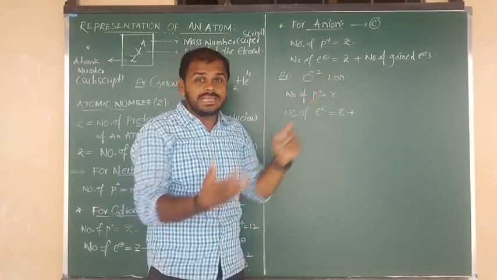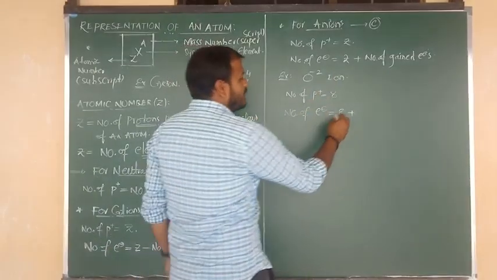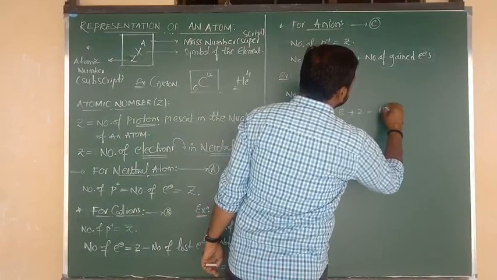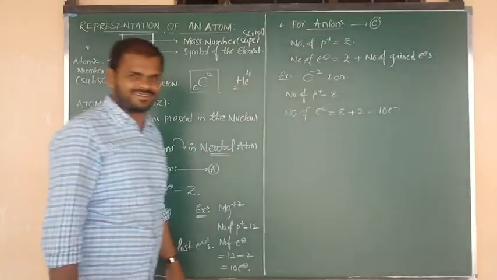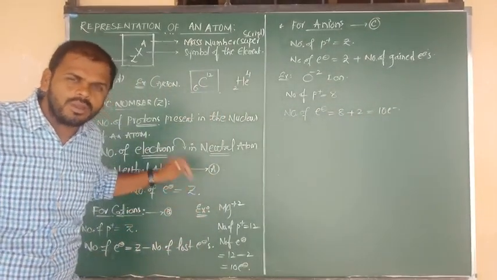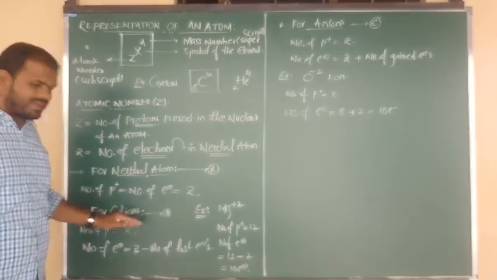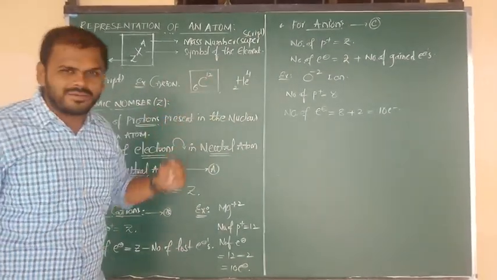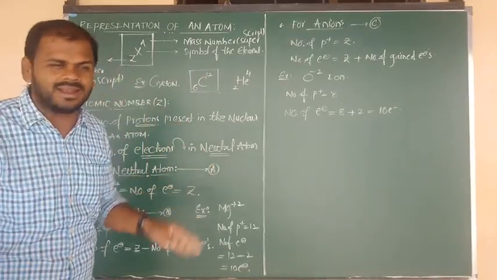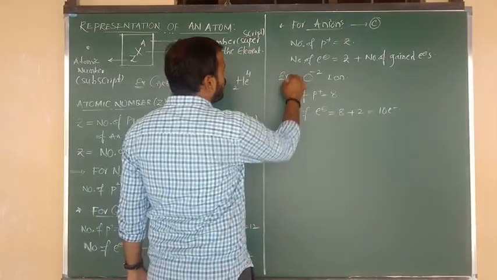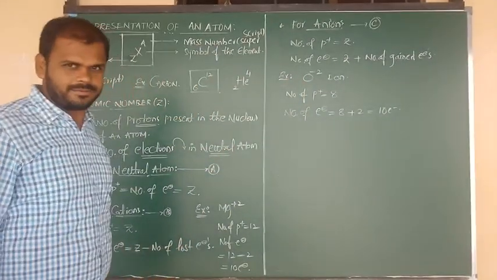O minus 2 means it gains 2 electrons. So it already contains 8 electrons, plus it gains 2, which means the total number of electrons is equal to 10. I hope you understand the meaning clearly. So in the case of neutral atoms, cations and anions, this is how to calculate the protons and electrons. I hope this information reaches you clearly.